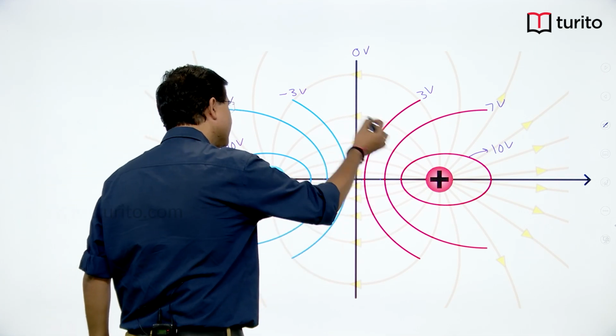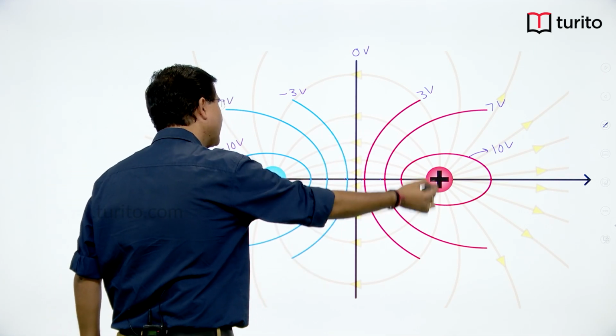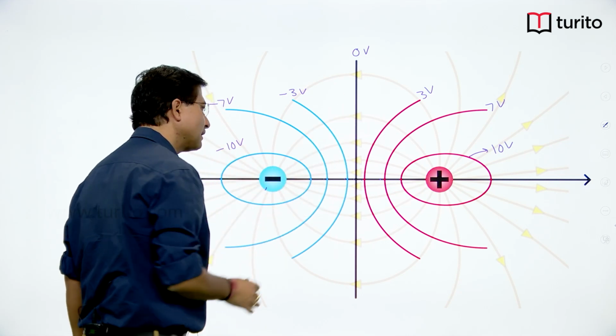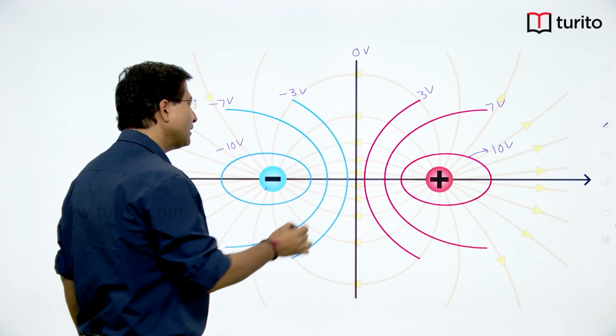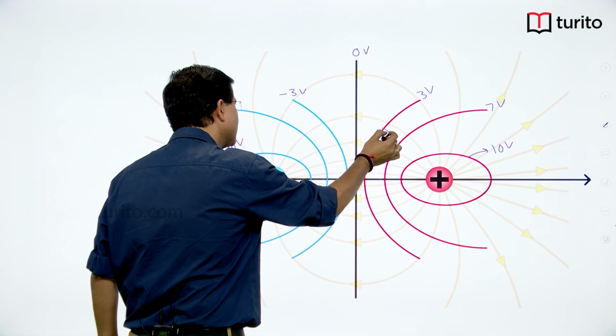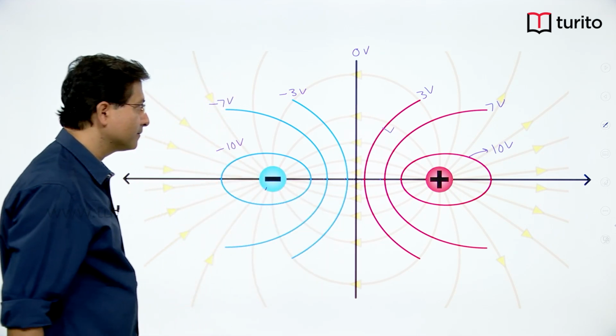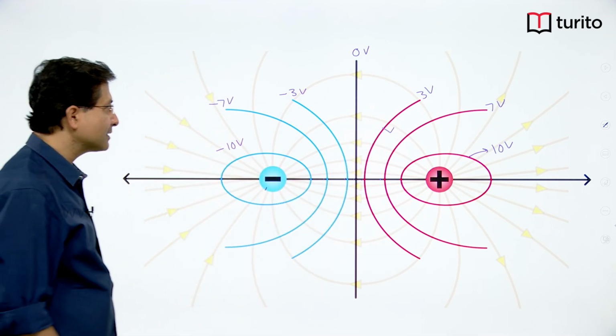Look at this line, the yellow one is representing the field line. Electric field lines are always perpendicular to the equipotential line. So this angle is 90 degrees.